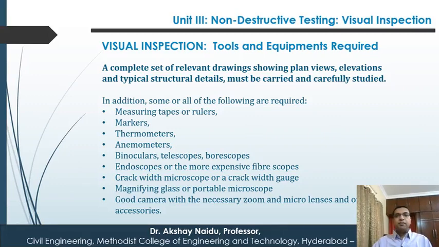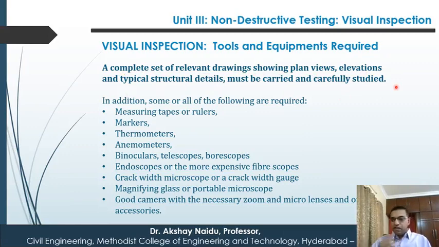One has to carry some basic tools and some equipments. So, what are the things that must be carried by a visual inspector onto the site? First, a complete set of relevant drawings showing plan views, elevations, and typical structural details must be carried and carefully studied.